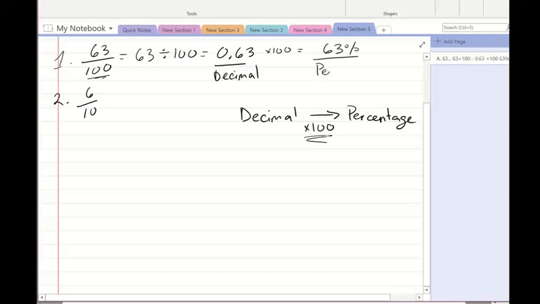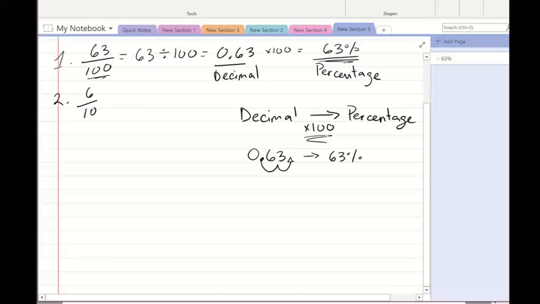That's your percentage. So that's how you would calculate it. The other way is moving the decimal 2 spaces to the right. Here's your decimal right here. You move it 2 spaces. That's 1, that's 2. That gives you 63%, exactly the same as this.